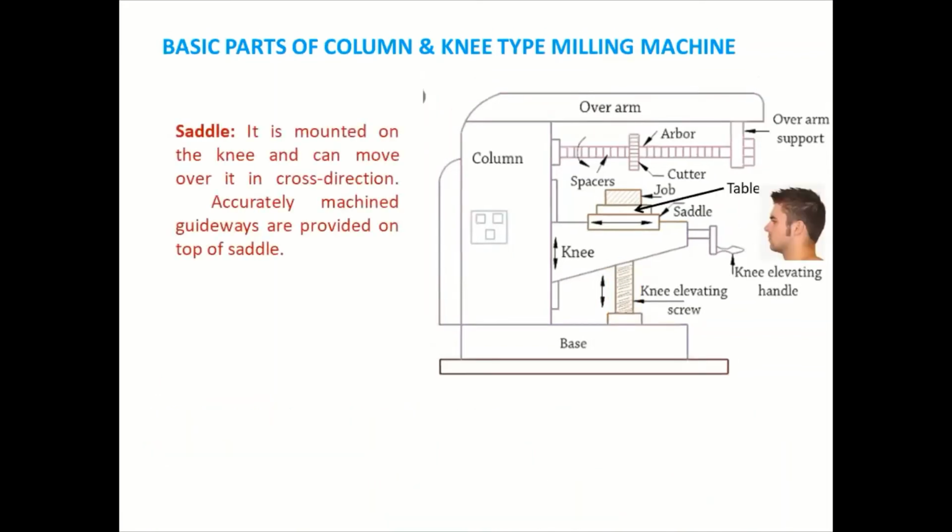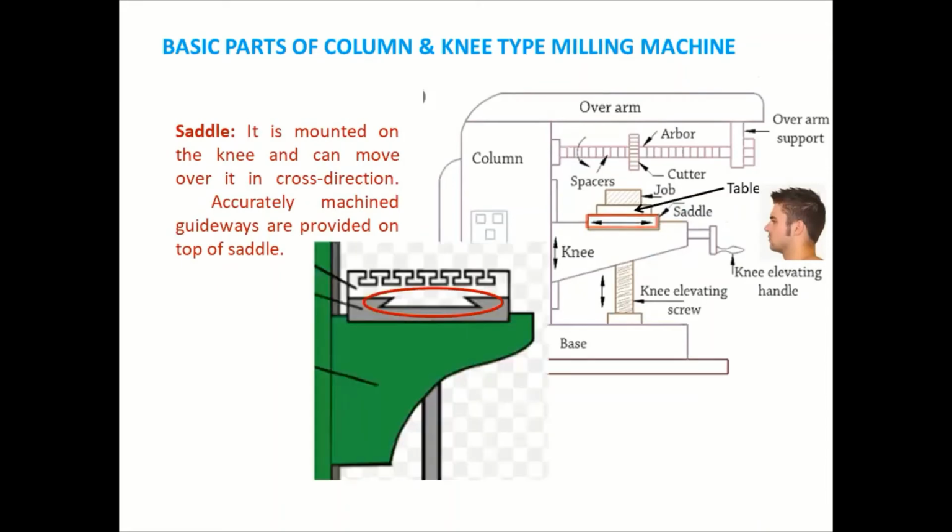And the saddle. First of all, you can see this is a saddle, and this saddle is mounted over the knee, and this saddle will move in the cross direction. You can see in this diagram, these are the cross directions. Then the accurately machined guideways are provided on the top of the saddle. What it means here, you can see I have shown one diagram.